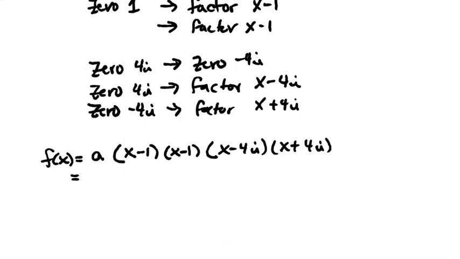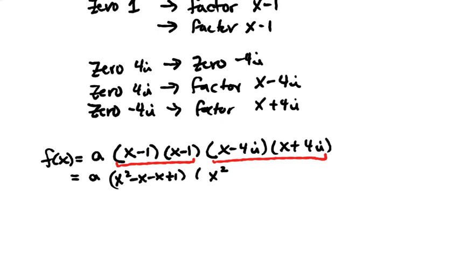I'll start to simplify this by multiplying, and I always like to multiply the conjugate pairs together because they form really nice expressions to work with. And I'll also multiply x minus 1 times x minus 1. So that would give x squared minus 2x plus 1. And if I multiply these conjugate pairs together, that becomes x squared minus 4ix plus 4ix minus 16i squared.